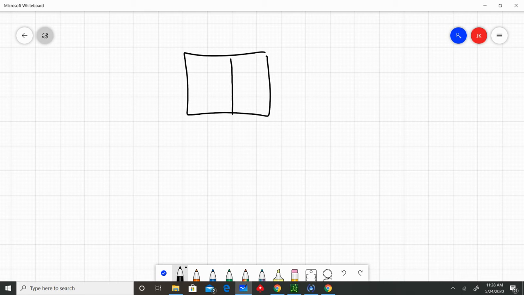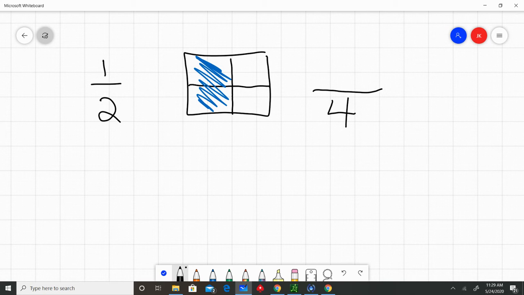So here we are looking at the fraction 1/2. To make an equivalent fraction using this model, I could simply draw a line through the center. And you'll notice that the whole is still taking up the same amount of space, but instead of having two halves, two equal parts of that whole shape, I now have four.